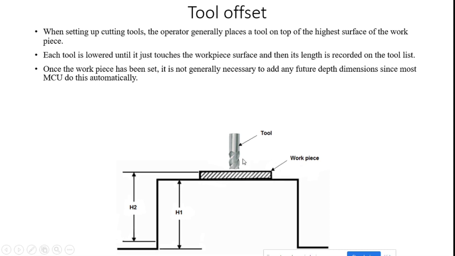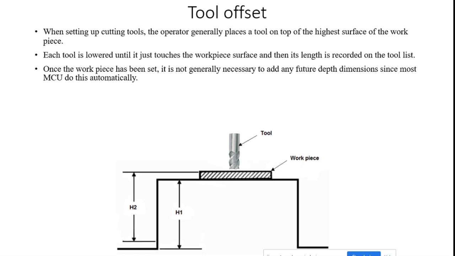So each tool is lowered until it just touches the workpiece surface. So I can move the tool until it just touches the workpiece top surface, and then its length is recorded on the tool list. From this touching, I can record the tool position in the tool list.